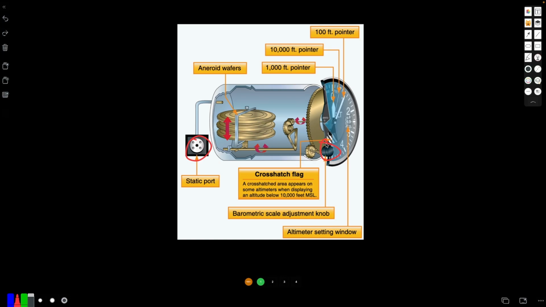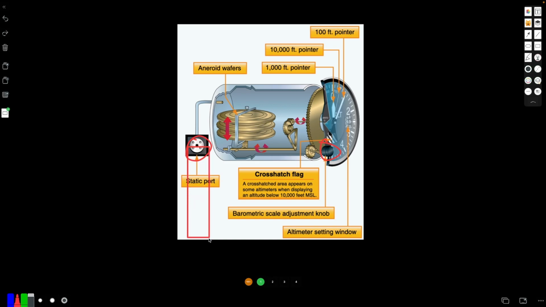There are two things I'd like to point out. One is that this altimeter is calibrated for one temperature only, and that's 59 degrees Fahrenheit or 15 degrees Celsius, the standard temperature. There's no setting or adjustment that will change that on the altimeter. The second thing is that the altimeter is not aware of the column of air below.